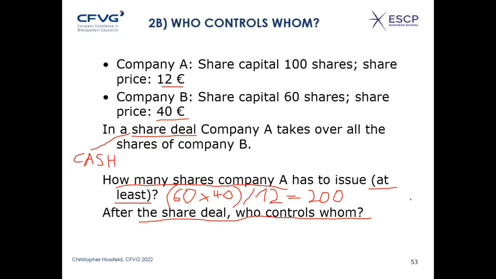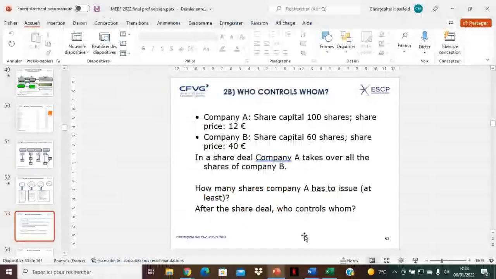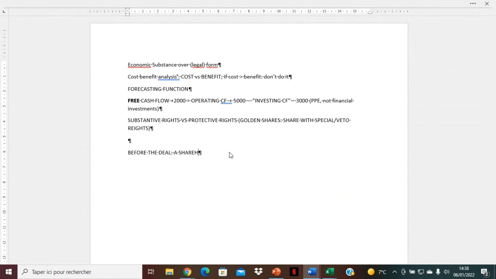So Hangwu, the number of shares of B is 200 out of 300. Indeed. So what happens here is, if we look at this case, before the deal, A shareholders hold 100 shares.